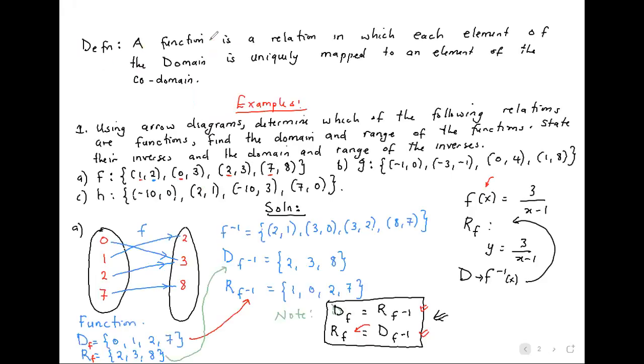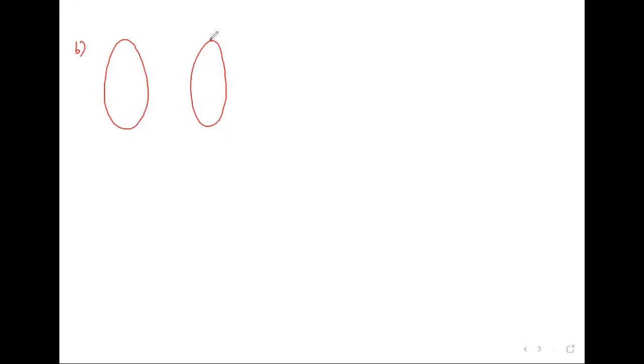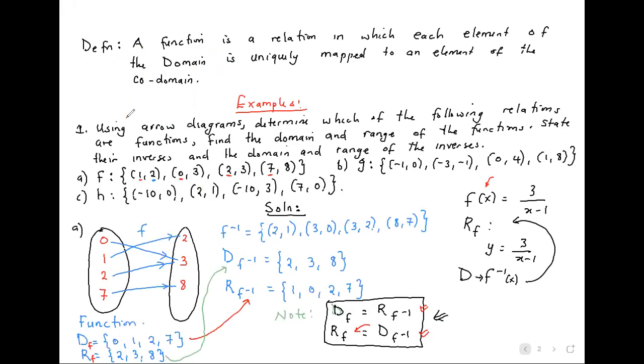So for B, we have an arrow diagram here. So we have -3, -1, 0, 1, and -3, -1, 0, 1.